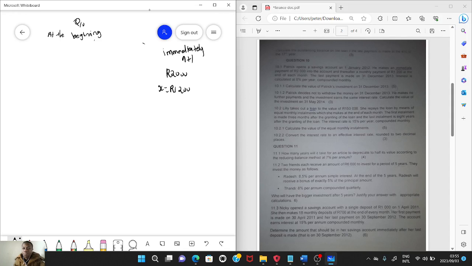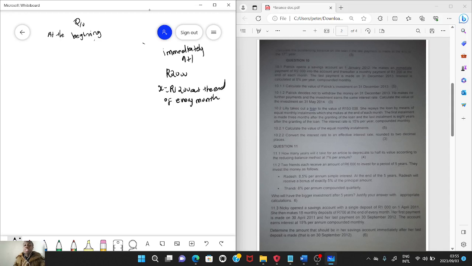The monthly payment, which is our X, is made at the end of every month.